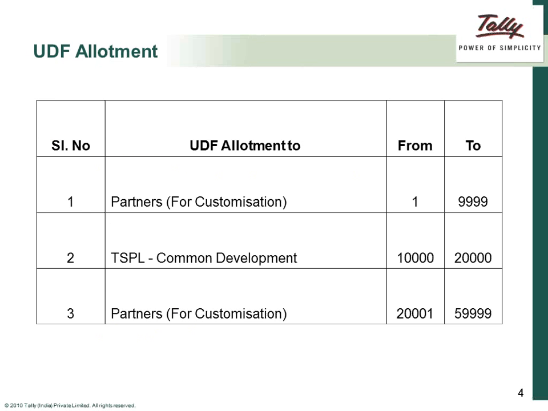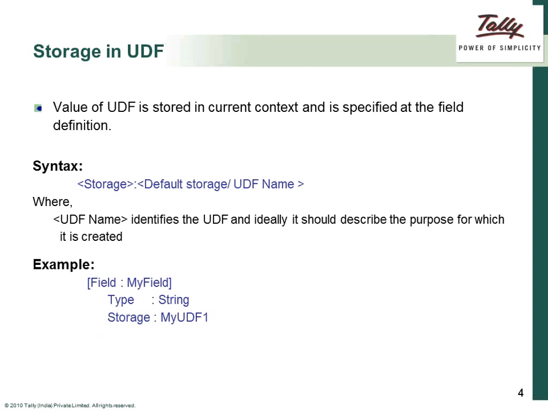Clear, everybody? Then how does a value get stored in the UDF? You need to provide a storage attribute at the field level, and you can provide your UDF name. The data type of the field and the storage has to be same.